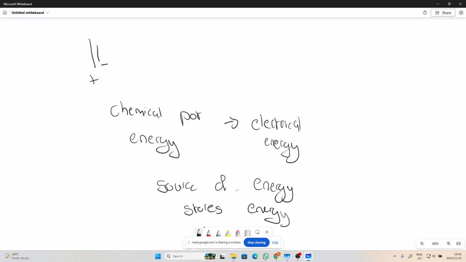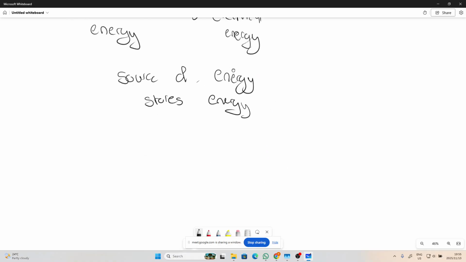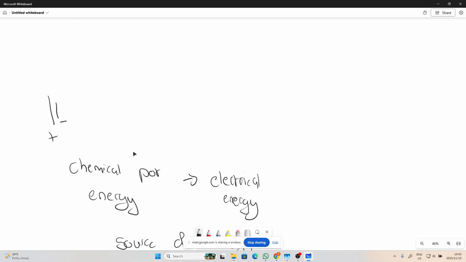Quite simple concept. Now, generally we call this an electrolyte, because it's a chemical solution that conducts electricity.